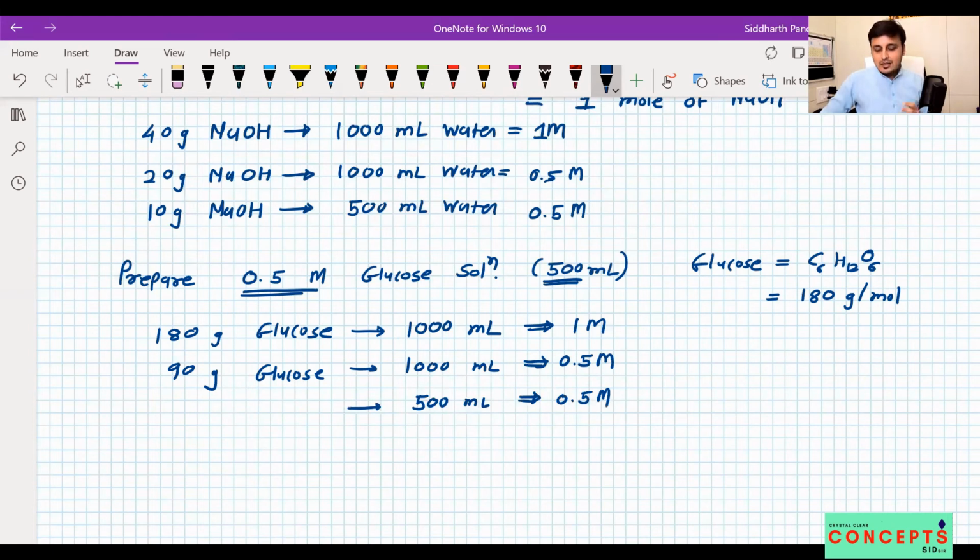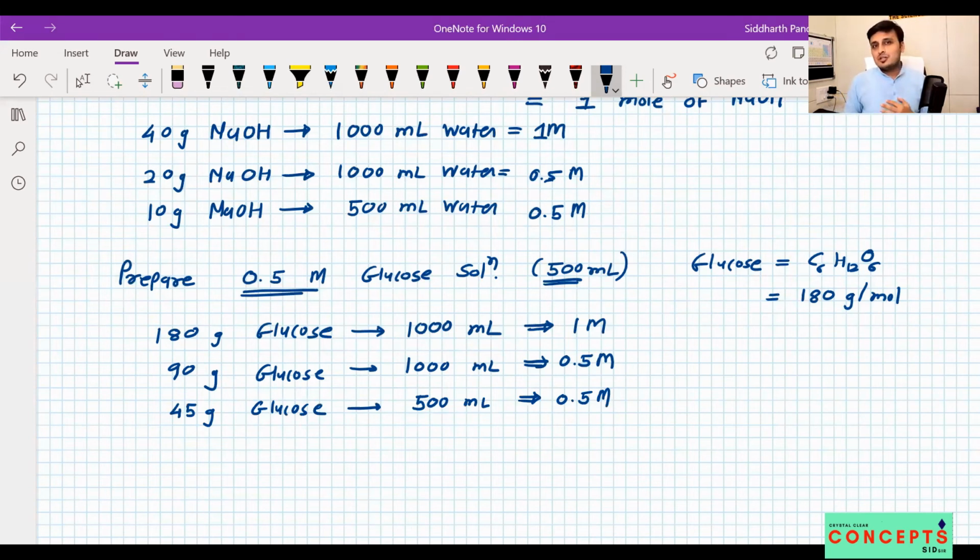So accordingly I have to also reduce the mass to the half of the original mass we have taken for preparing 1000 ml. So I will take only 45 gram glucose, will add to 500 ml of solution, and it will create 0.5 molar solution.